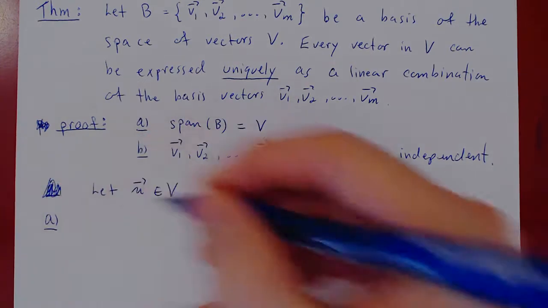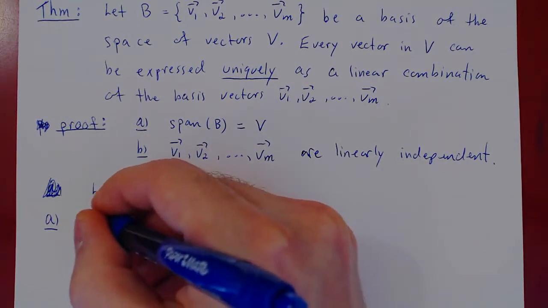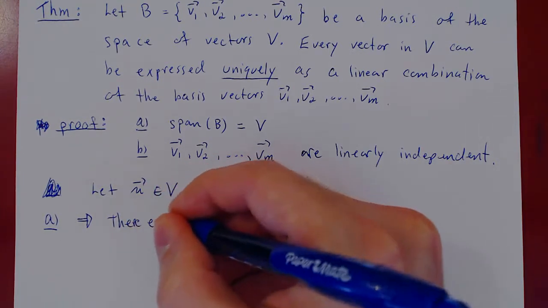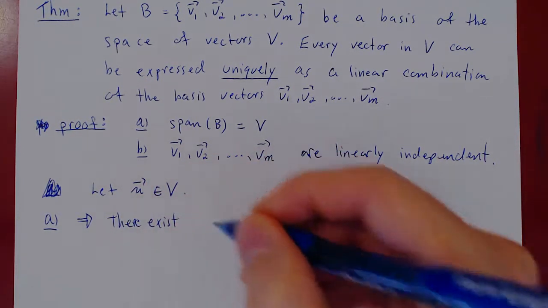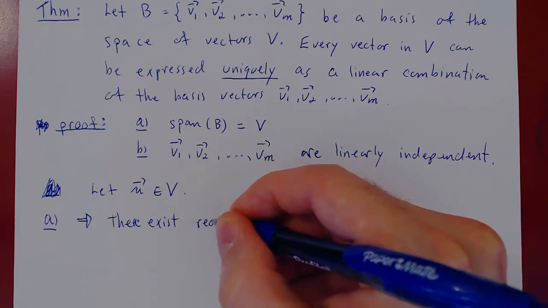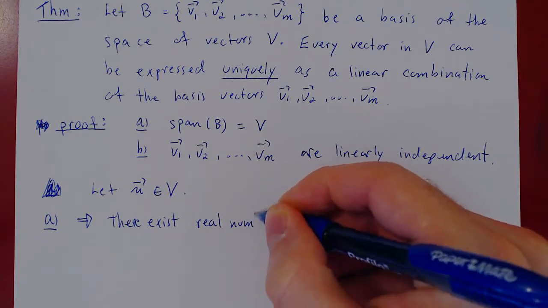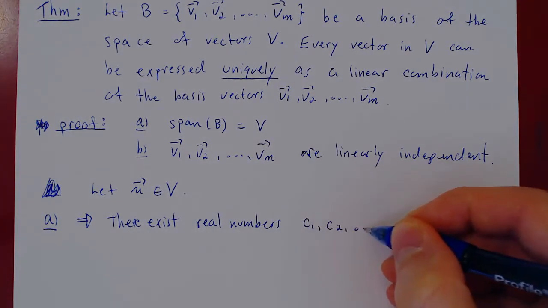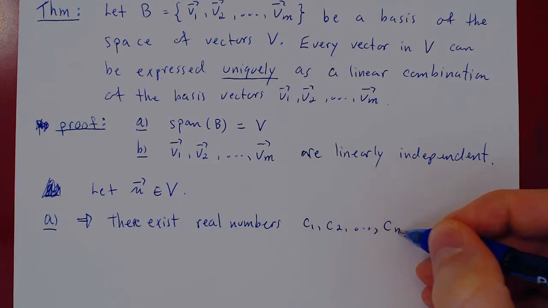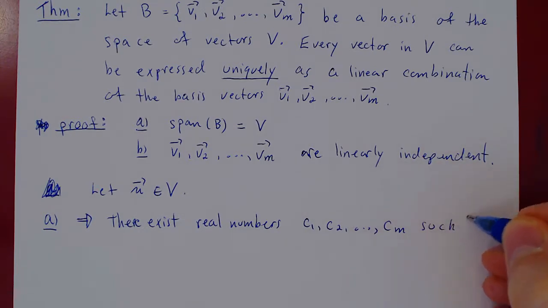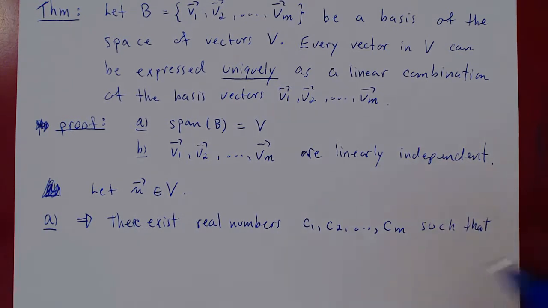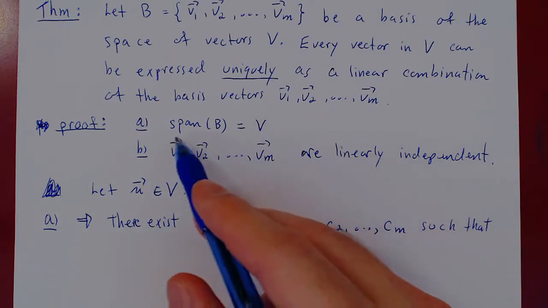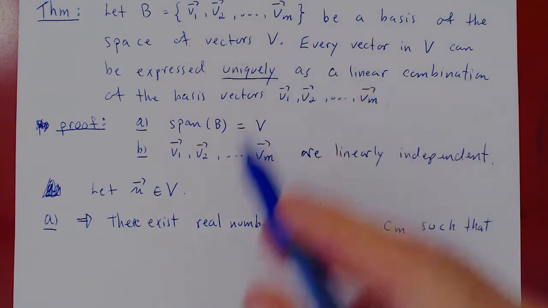So property A implies that there exist real numbers c1, c2, up to cm, such that, well, every vector in V is a linear combination of these m vectors.